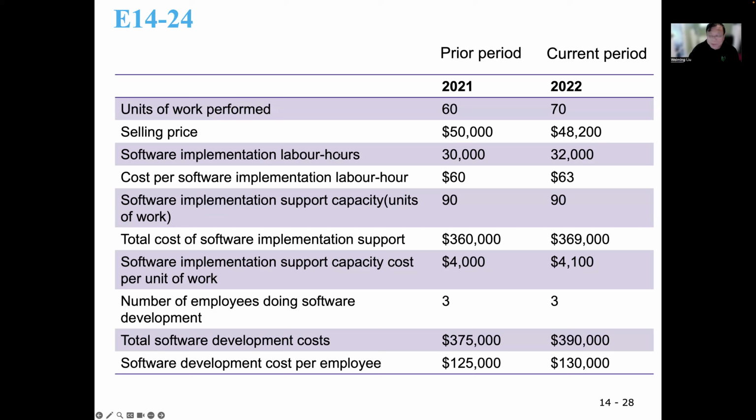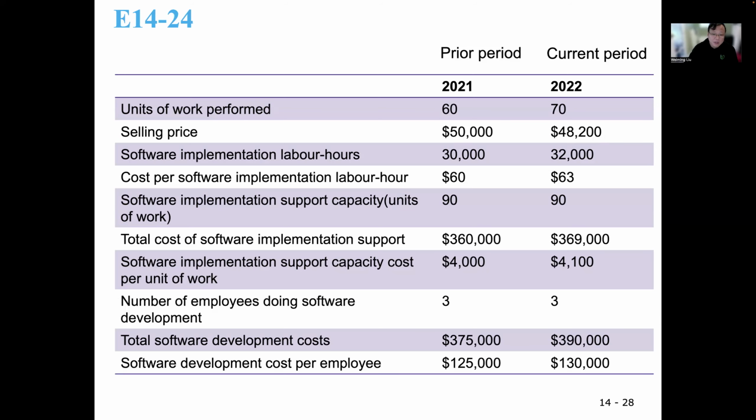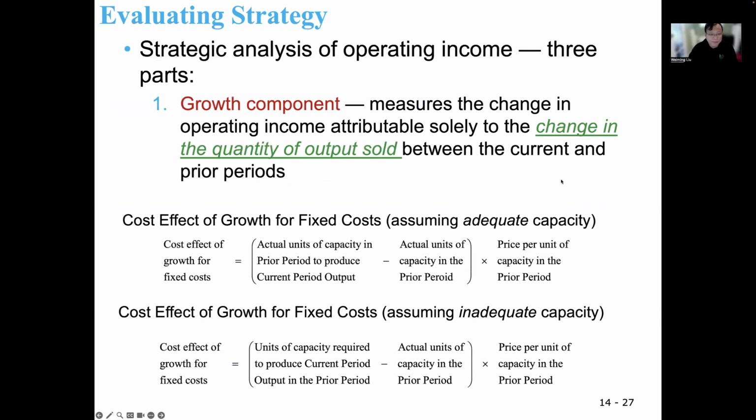Software implementation labor hours, which is the variable cost, since labor cost is variable: 30,000 to 32,000. Cost per software implementation labor hour, so how much the labor costs per hour: $60 versus $63.